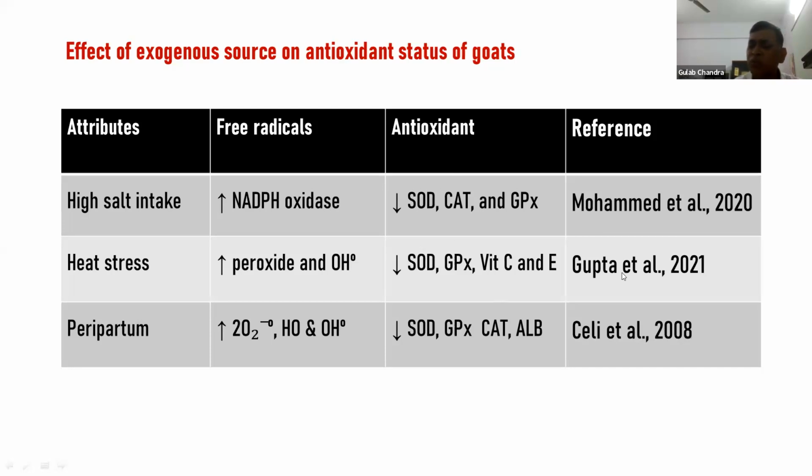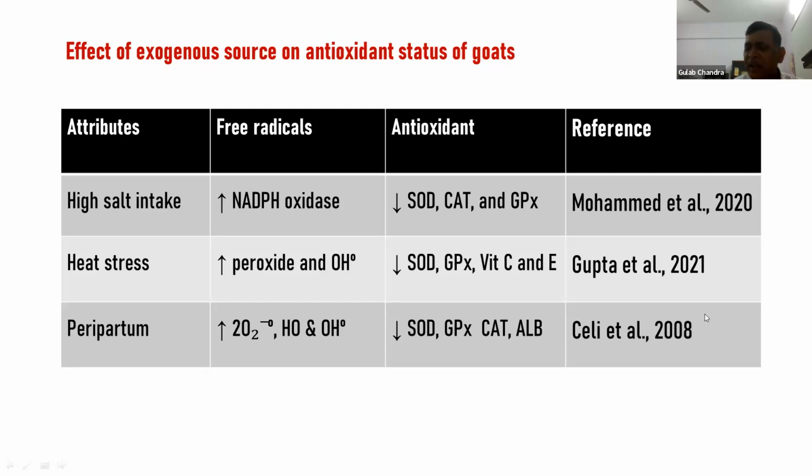Gupta et al. 2021 reported that heat stress also produces a greater concentration of free radicals and decreases the antioxidant level in the blood of the goats under heat stress.